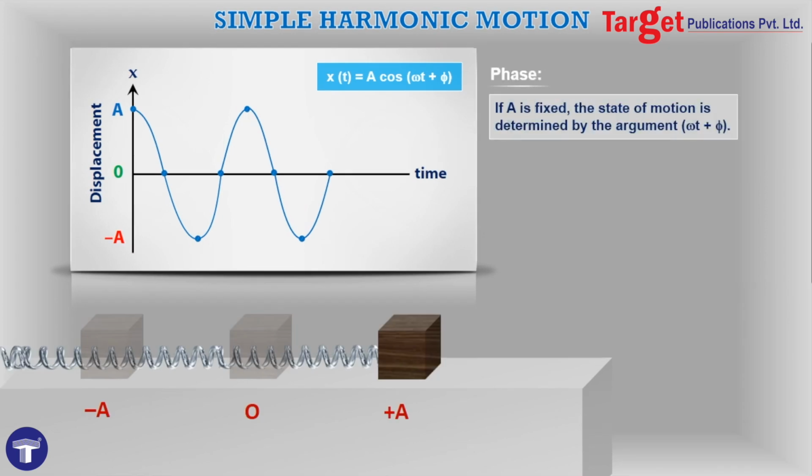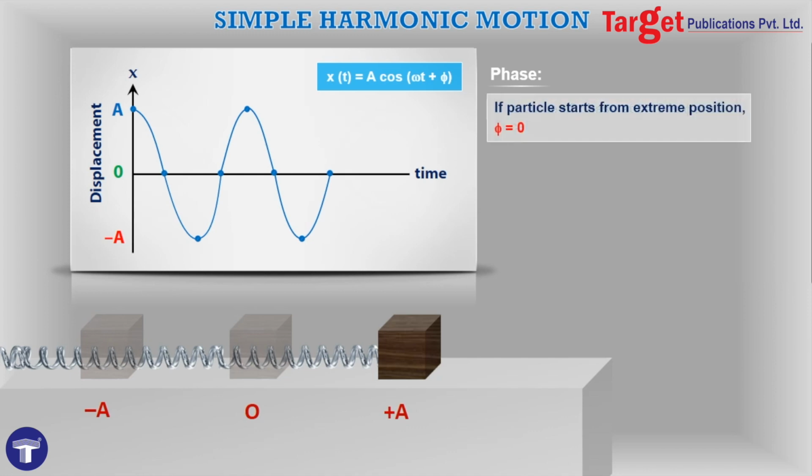If the amplitude of the motion is fixed, then the state of motion is determined by the argument, that is the quantity in the brackets, ωt + φ. This quantity, which depends on time, is known as phase. The value of the phase at t = 0 is φ and is known as the phase constant or the initial phase or simply the epoch.